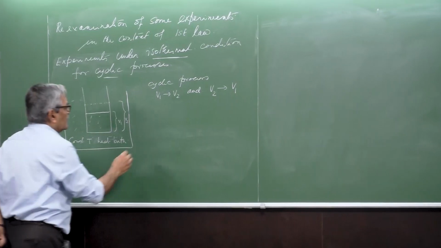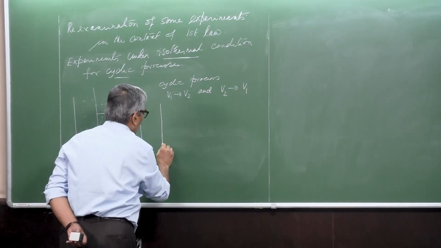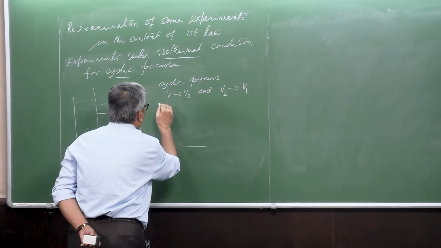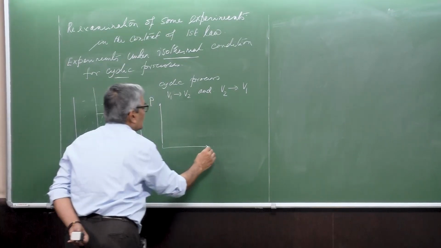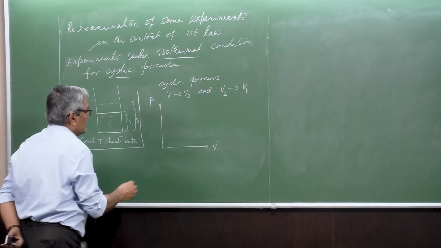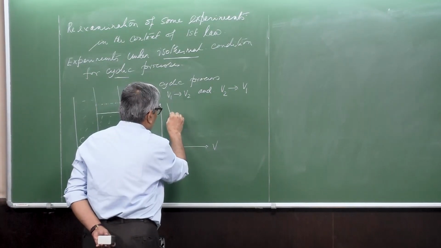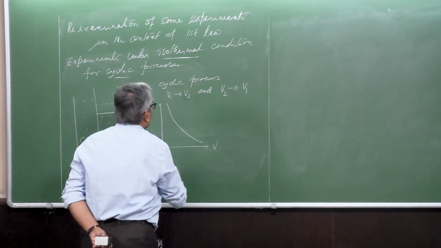So, if I recall that particular PV diagram under isothermal condition, temperature constant, that was the same curve.